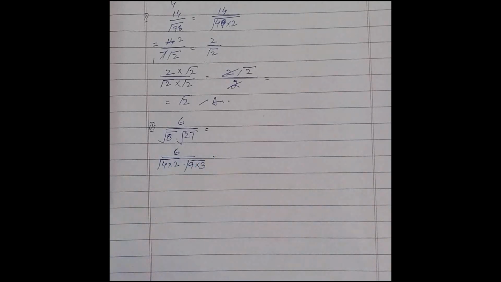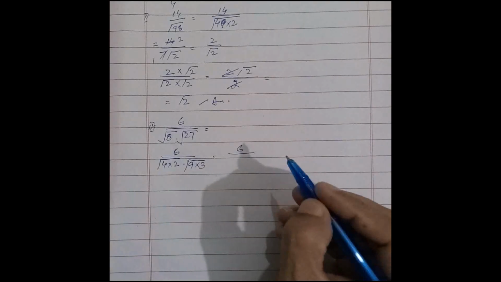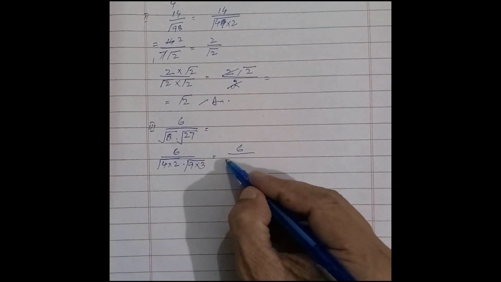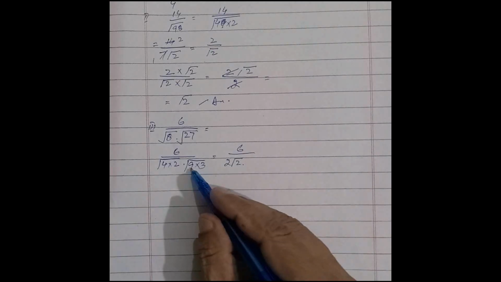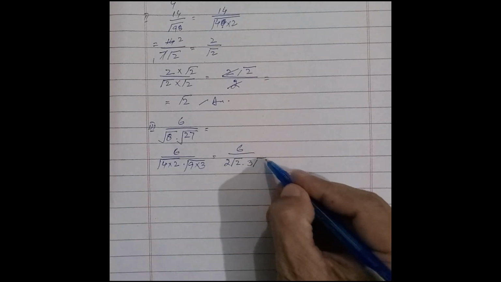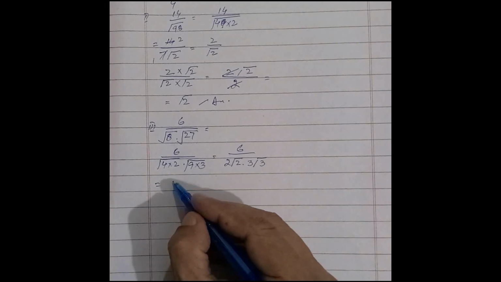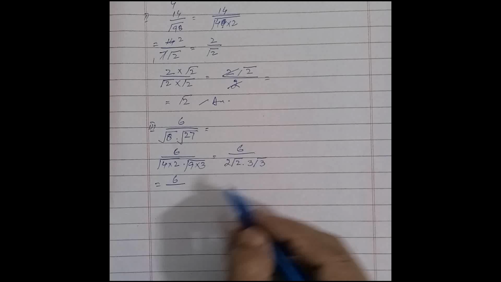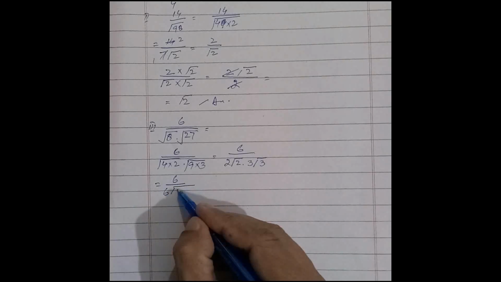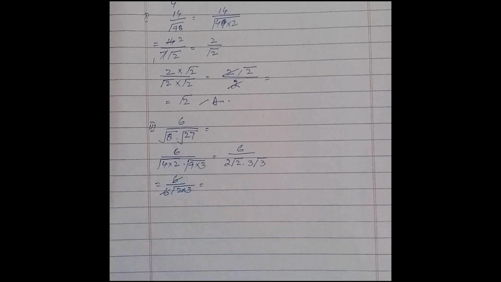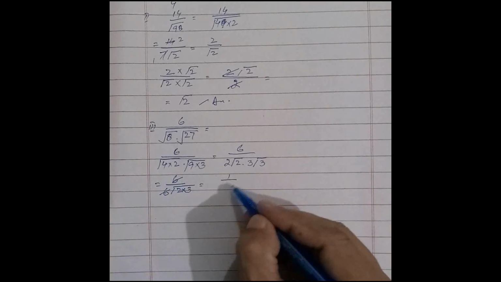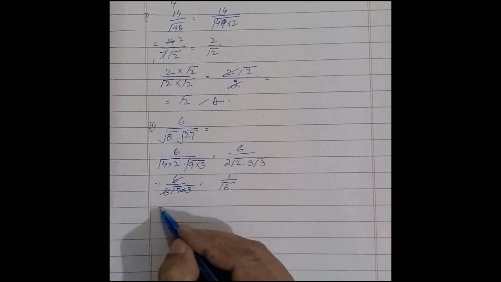The square root of 4 is 2, so 2 square root 2, and the square root of 9 is 3, so 3 square root 3. When we simplify these values, we get 6 over 2 threes are 6 and square root 2 multiplied by 3, which is 6. The 6 cancels with the 6, we get 1 over square root 6.